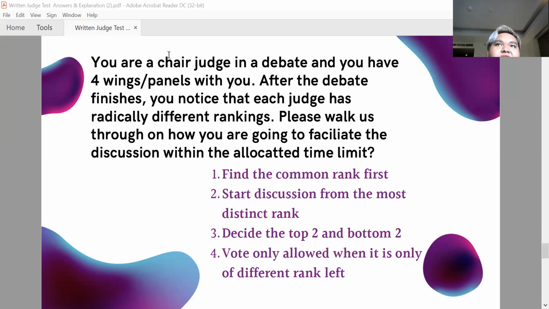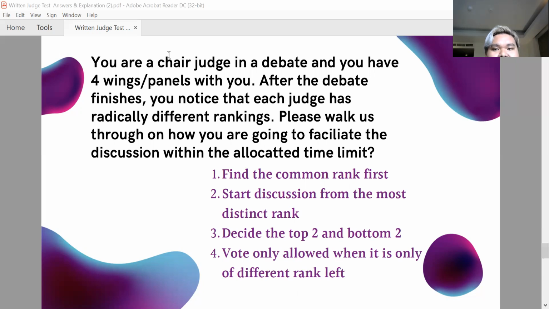So you should find the common rank first, and after that you could start to talk and discuss the other ranks. And in the way for you to discuss any other rank, start to question the most distinct rank, so all of you will be on the same page on the clear win or clear lose teams, for example.